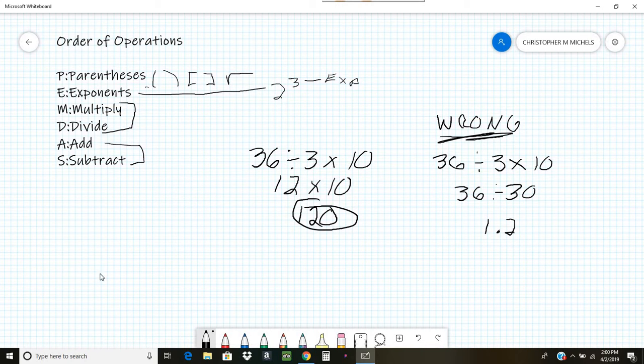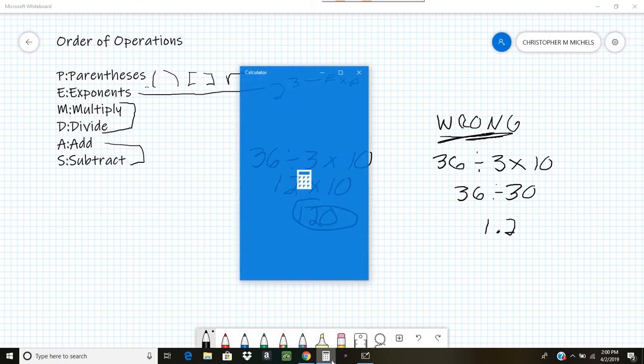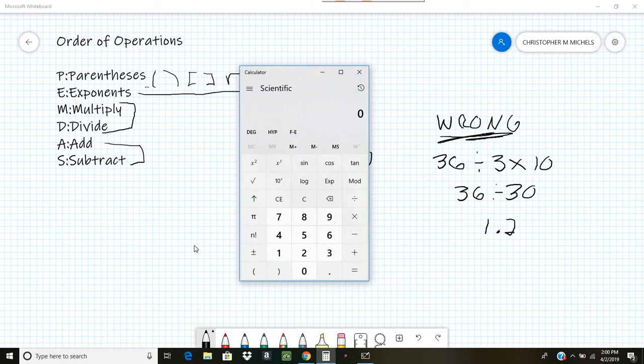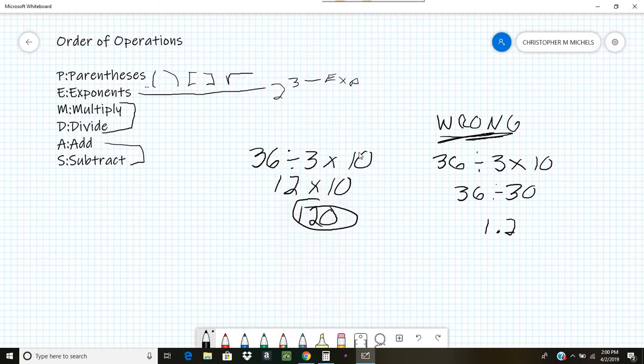Let me pull out my calculator here to see if that's right. Let's do 36 divided by 30, yeah, 1.2. Okay, so my basic math skills are still there.